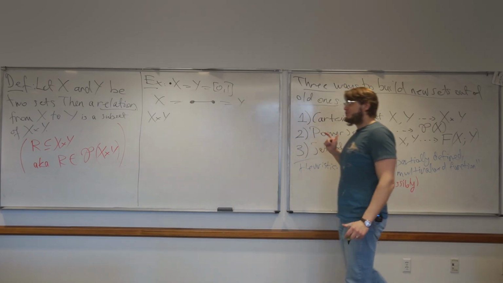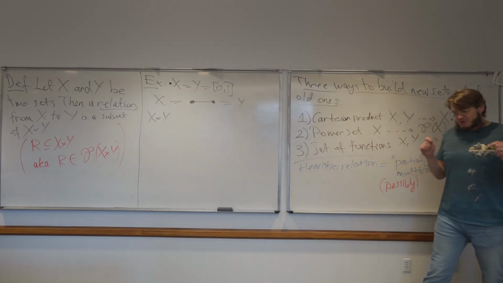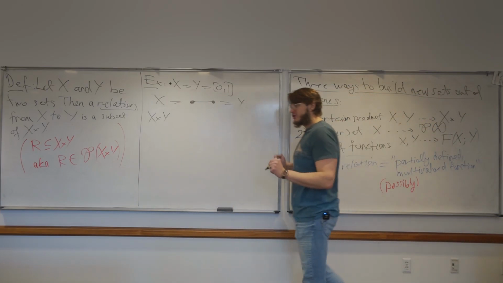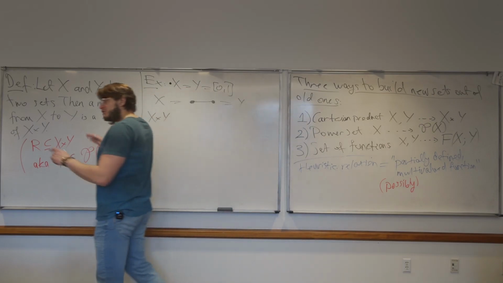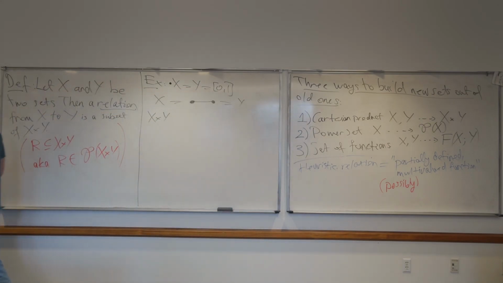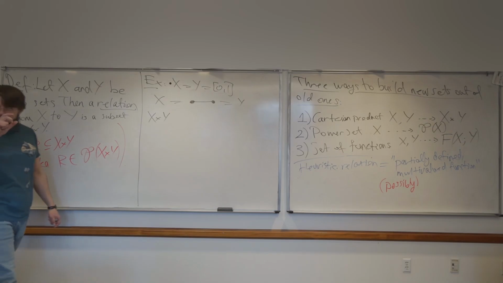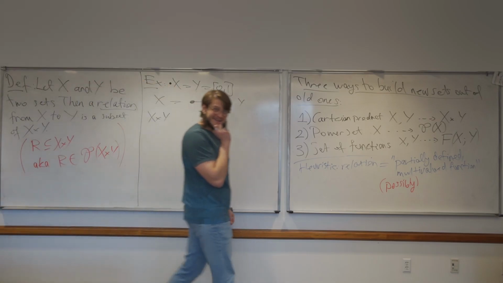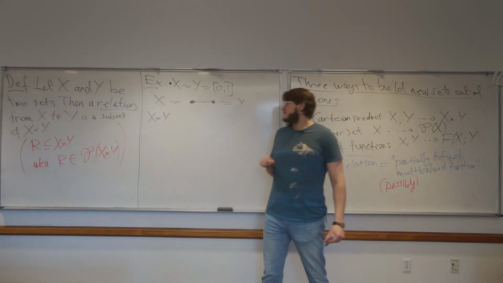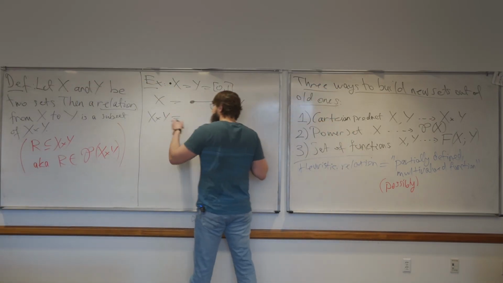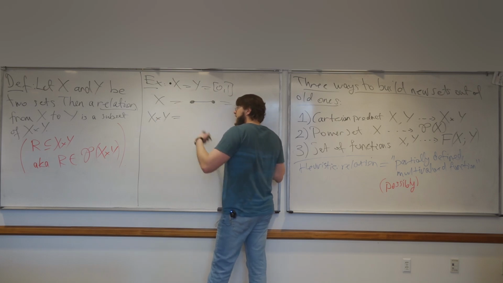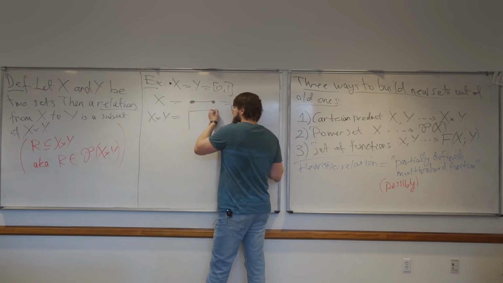Even though this class is all about rigor, one of the methods that's going to work quite a bit is that if you say, well, I don't understand any of this, I'm going to pretend everything is single variable calculus, that intuition, if you interpret it correctly, is going to work. So I want to think of this x times y as a rectangle, or in fact, as a square.